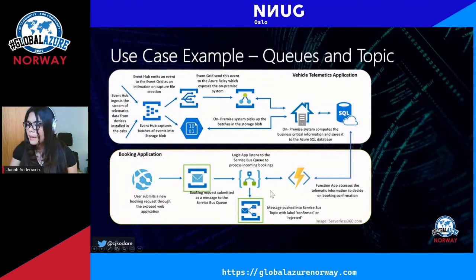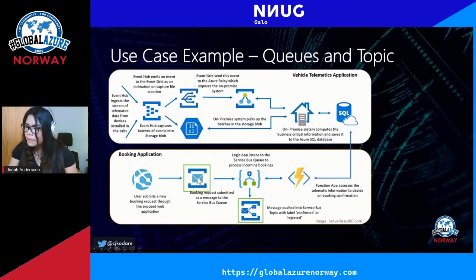And here is a quick overview of an example that I got on serverless360.com. It shows the queues and topics integrated together in one application. It's a vehicle telematics application, a booking application for cars, I believe.